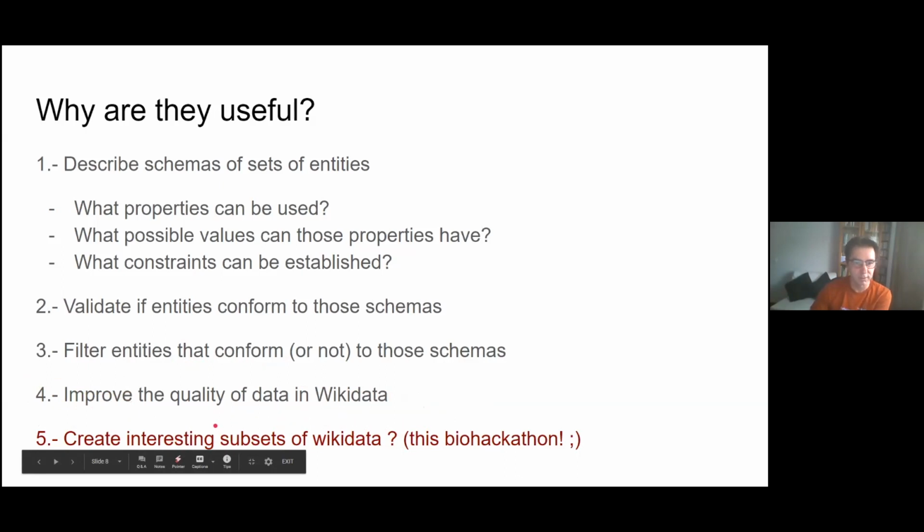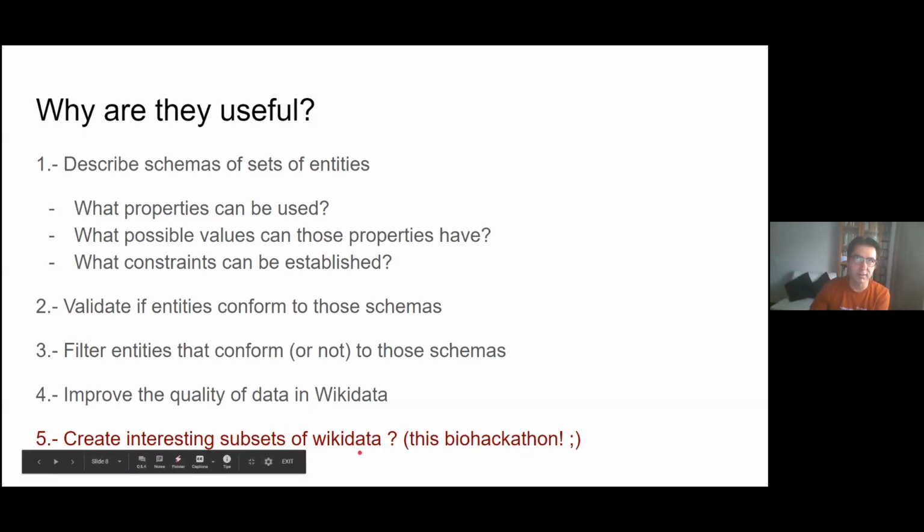We are trying to take as input those entity schemas, those ShEx descriptions. At the end, as I said, with ShEx you can describe data, and with that description, you can create a subset of Wikidata that maybe is useful for you.